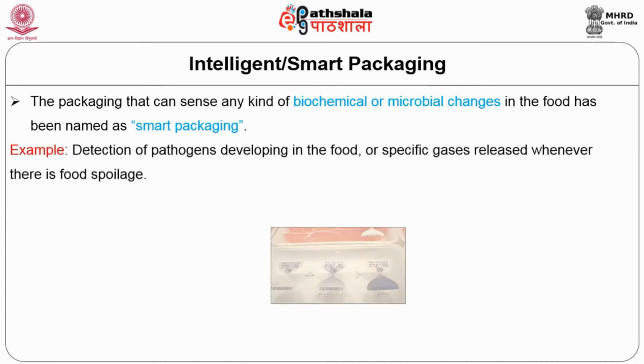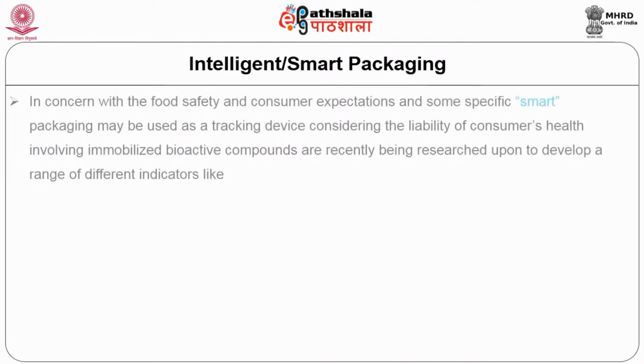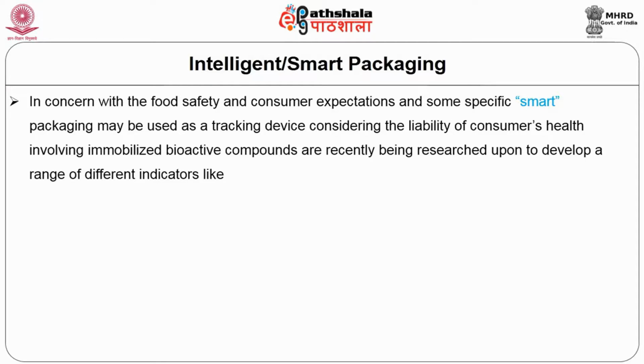For example, detection of pathogens developing in the food or specific gases released whenever there is food spoilage. In concern with food safety and consumer expectations, some more specific smart packaging may be used as a tracking device considering the liability of consumers' health.